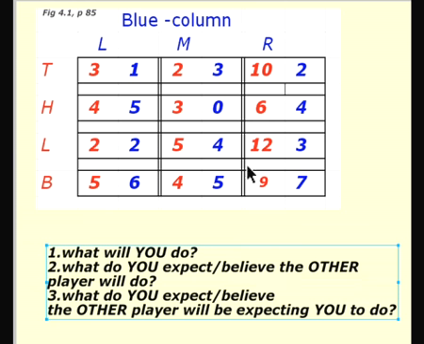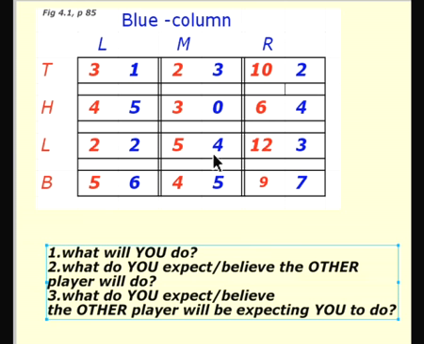But he's thinking, if I choose right, thinking they're going to choose B, that's not really their best shot. If they also think that I'm going to choose right, their best shot is to go to L. And then if they're going for L, what's your best shot?